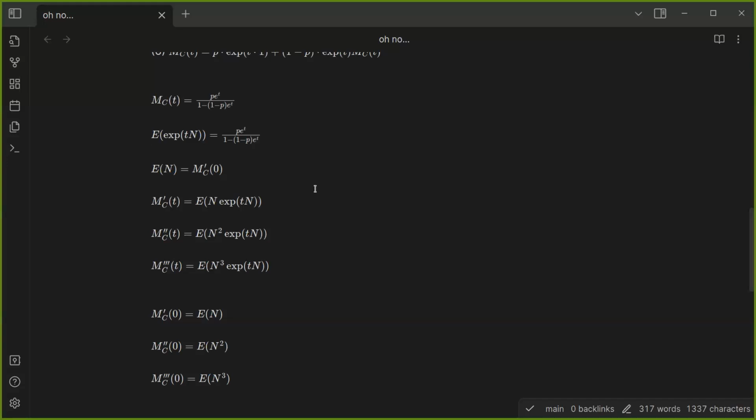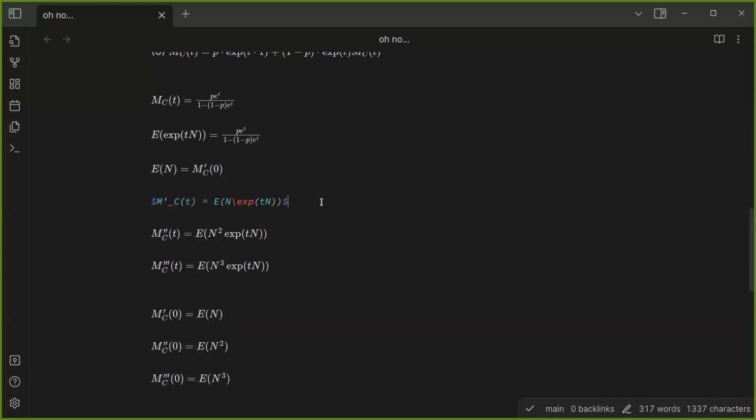I believe you know how to take the derivative of a fraction, and that the derivative of exponent of t is exponent of t. So that's just a simple exercise.